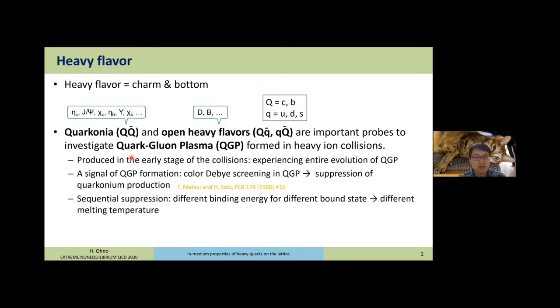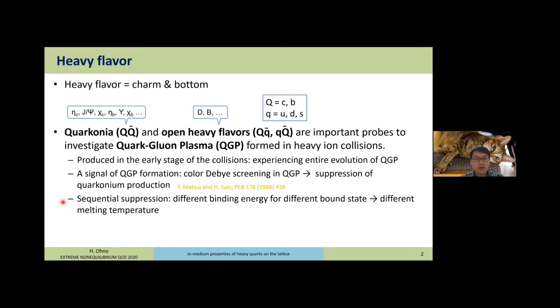Since these quarkonia or open heavy flavors should be produced in the early stage of the collisions, they should know something about the entire evolution of the QGP, and that means one can extract some information from them.